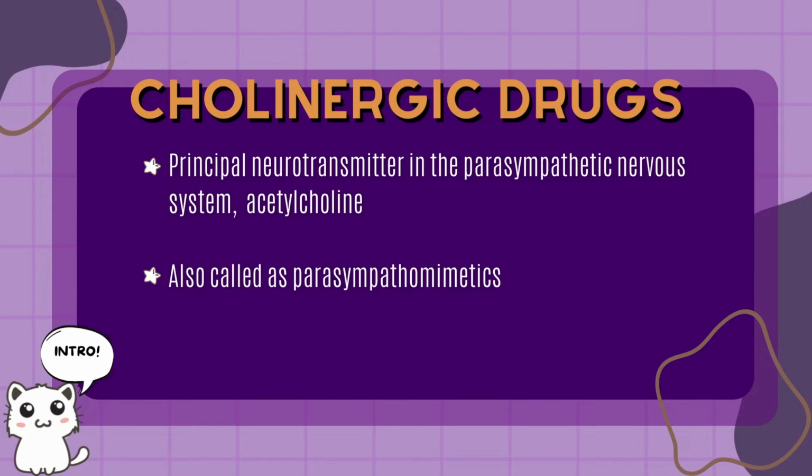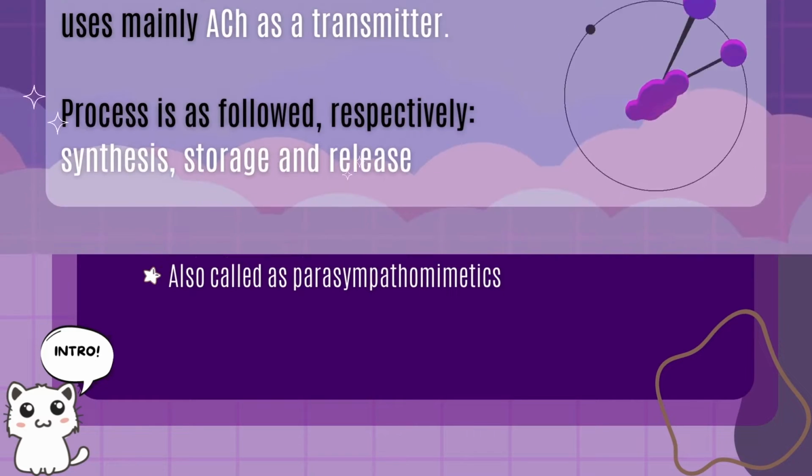They are often contrasted with noradrenergic or adrenergic drugs, since these oppose or inhibit the functions of cholinergic drugs, which is explained in the noradrenergic or adrenergic transmission that will be further discussed in some other video. Also, cholinergic drugs will be discussed in other videos, especially in the topic pharmacology of the cholinergic system.